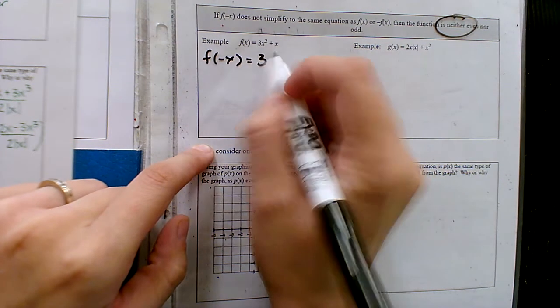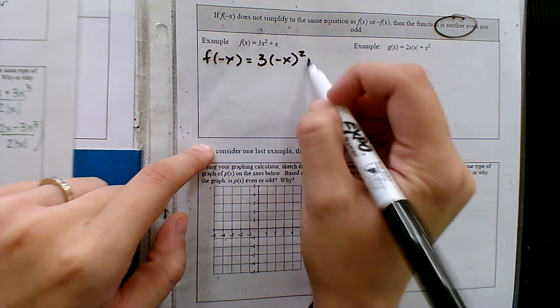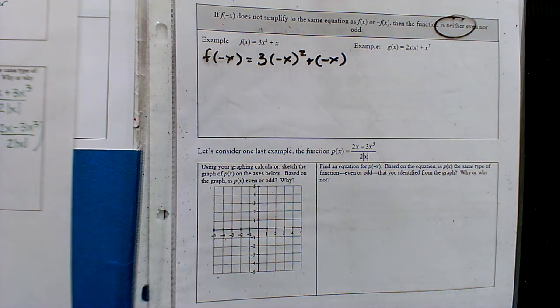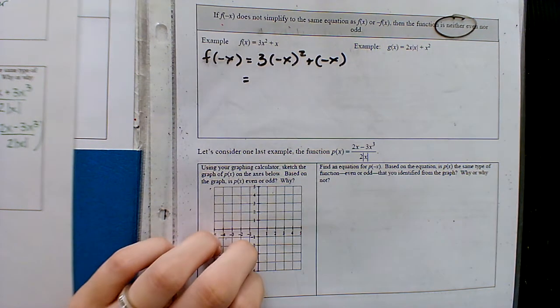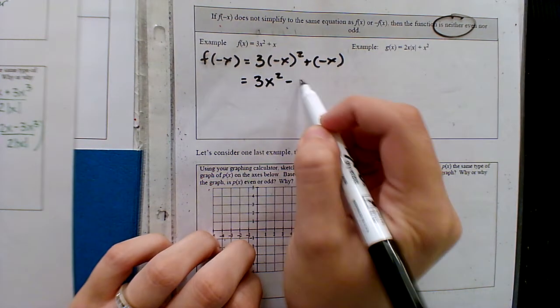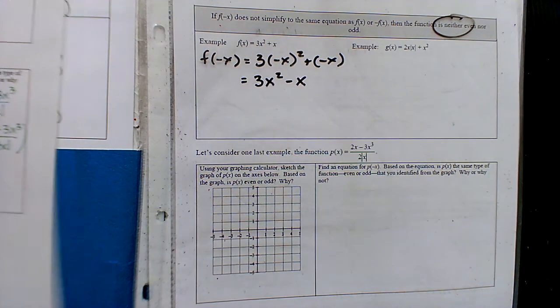So let's try this one. If we plug in negative x, we're looking for either the same as everything, the opposite of everything, or neither. Let's see if we simplify it. 3x squared minus x.